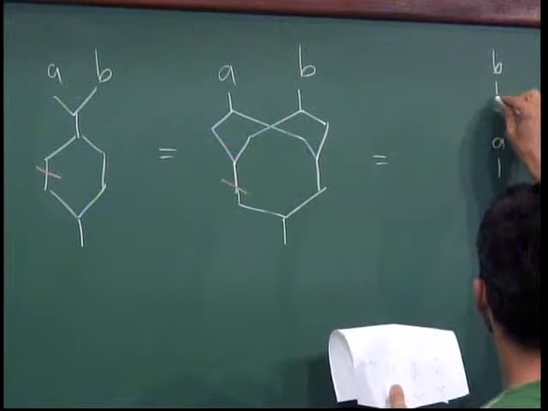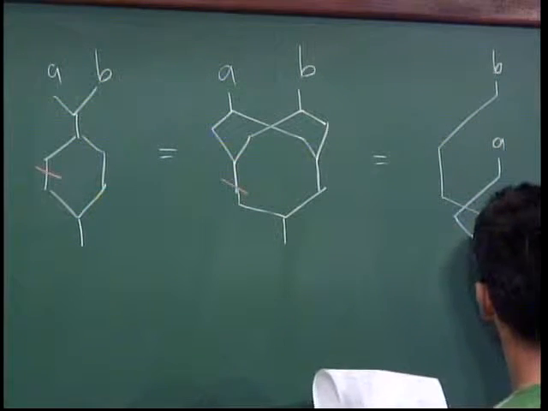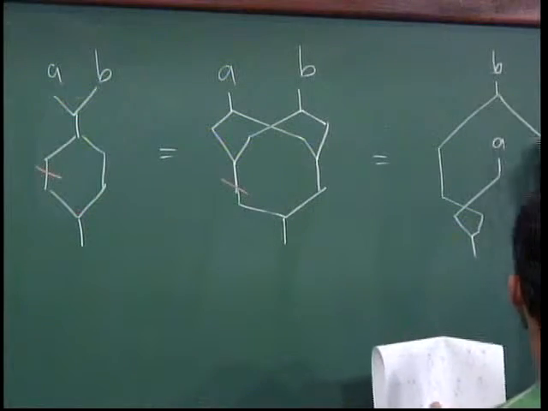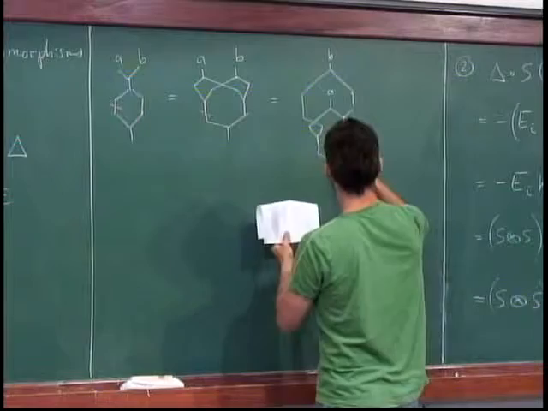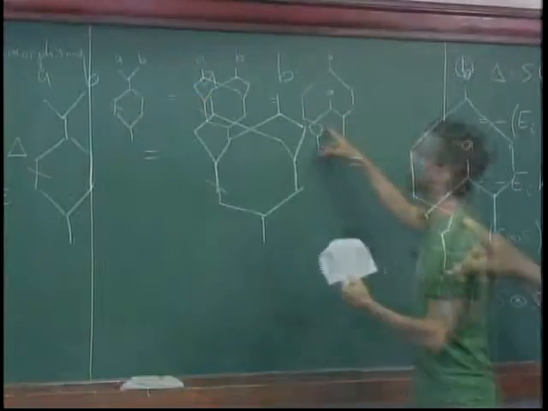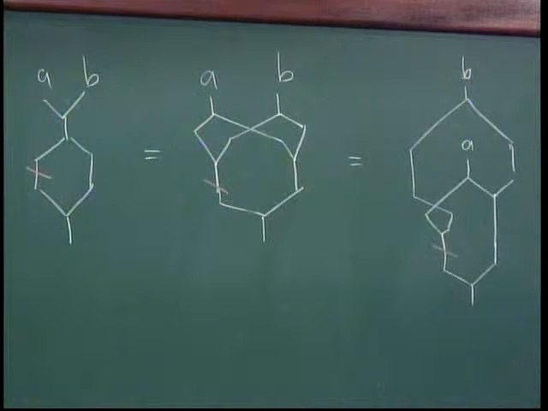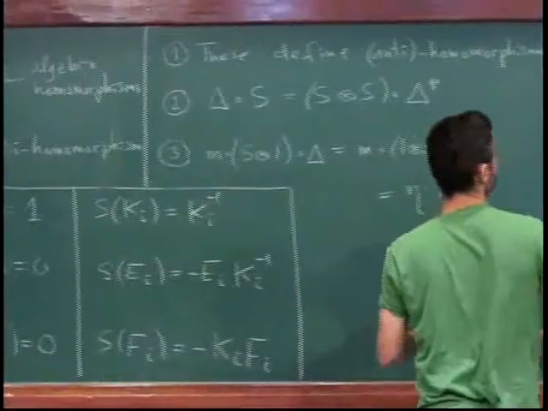So I really haven't done anything in this. So from here to here, nothing happened. I just moved things around. But now I can rewrite this using the relation for the fact that the antipode is an anti-homomorphism.